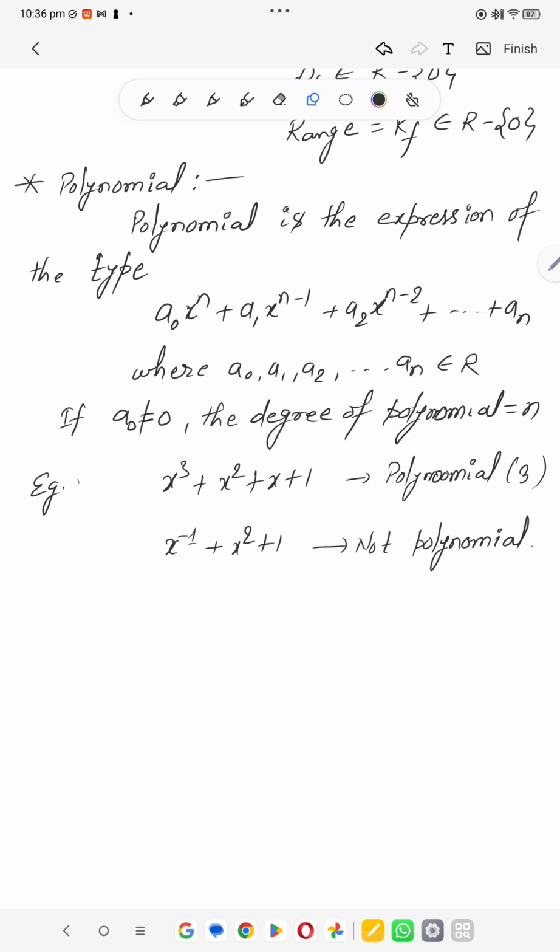So n should not be less than 0, and any power of the corresponding terms should not be less than 0, or a fraction.